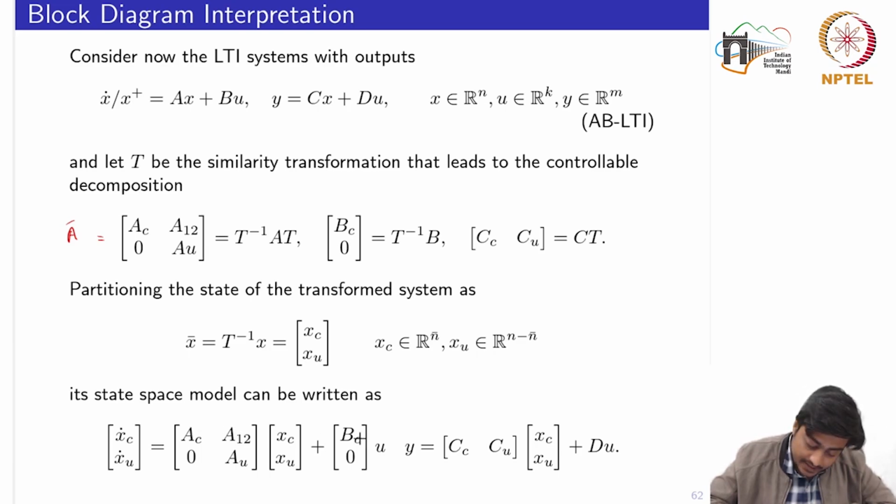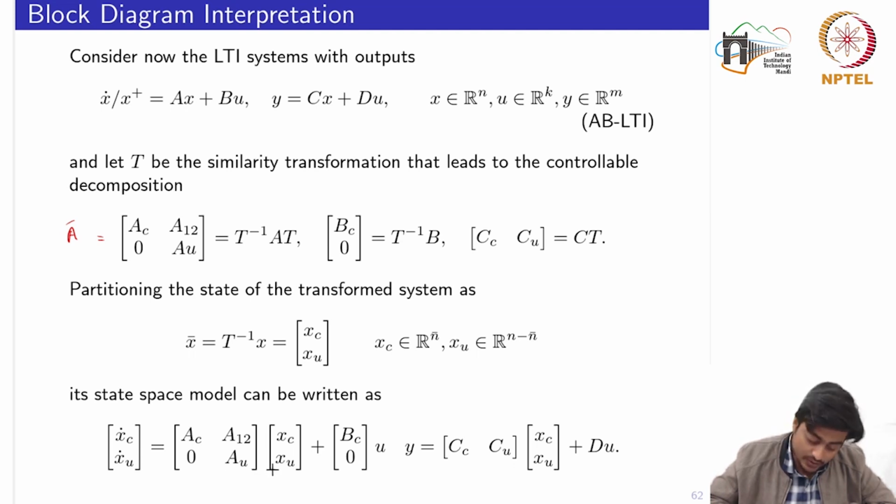And it has a direct influence of the control signal u because of this non-zero BC matrix. Now x u is only triggered by its initial condition, not by x c, and it does not have any influence by u. So basically it is nothing but a homogeneous equation.